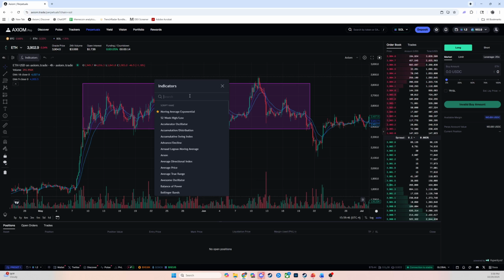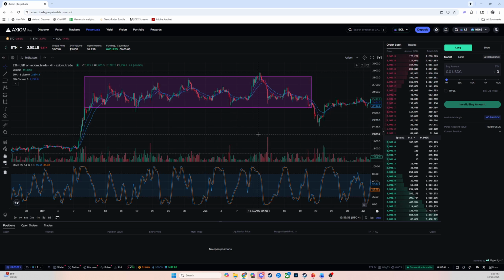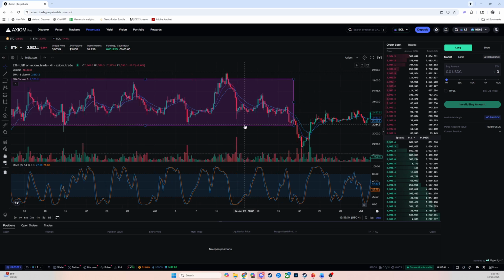Another one I really like is stochastic RSI. So this can really help show you whether or not an asset is overbought or oversold. If it's above this range, it means the asset is overbought.